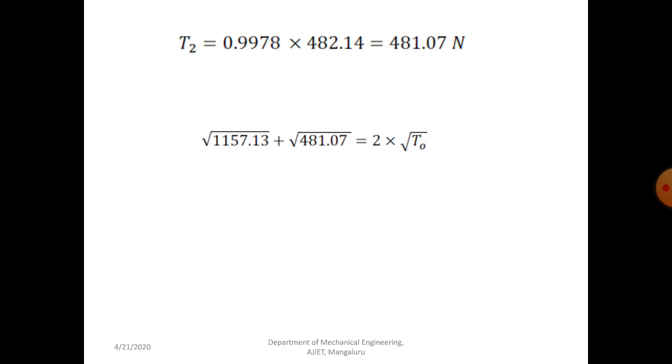The expression is root T1 plus root T2 equal to 2 into root T naught. So T naught is the initial tension, and you will get 782.60 Newton. This is the complete design of the flat belt.